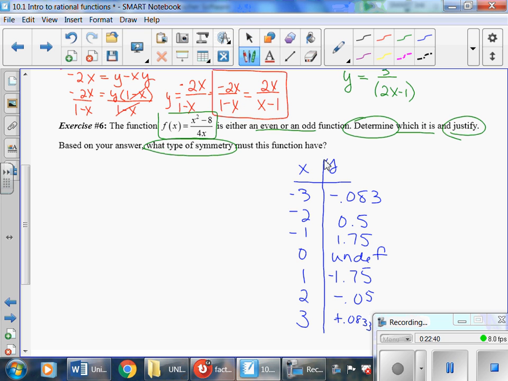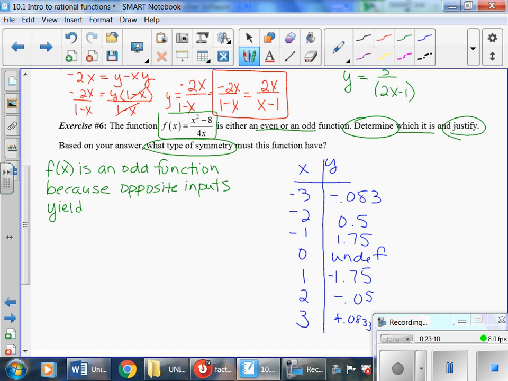So you would write here, this is f of x. F of x is an odd function. Now it's asking us to justify, so we know we need the word because, and use the definition of an odd function. Because opposite inputs yield or give us opposite outputs.